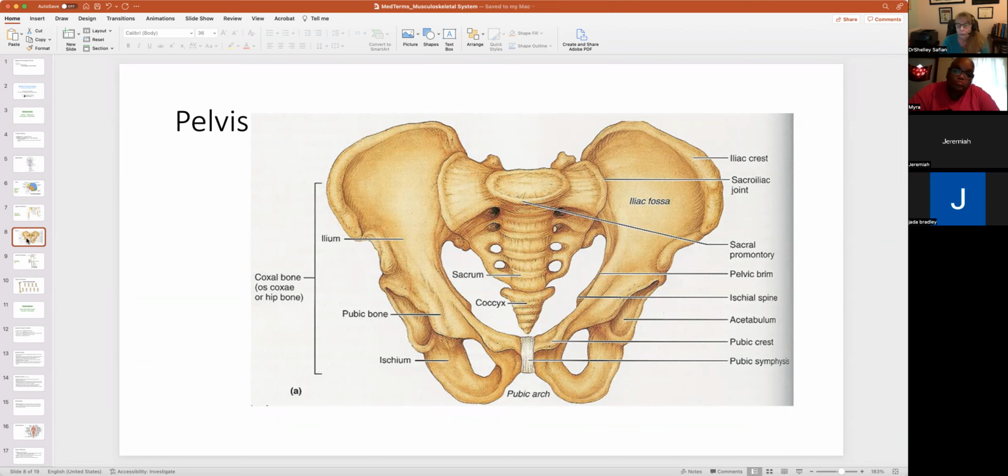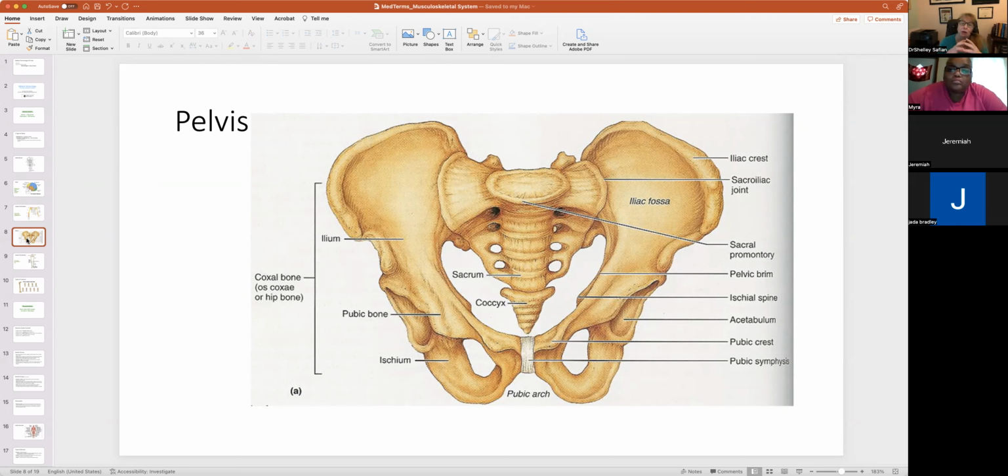But ileum with an E, I-L-E, is actually an organ, the very end of the small intestine.